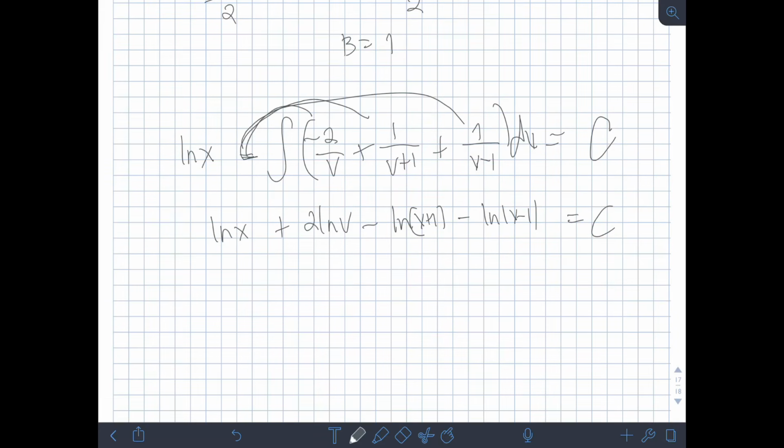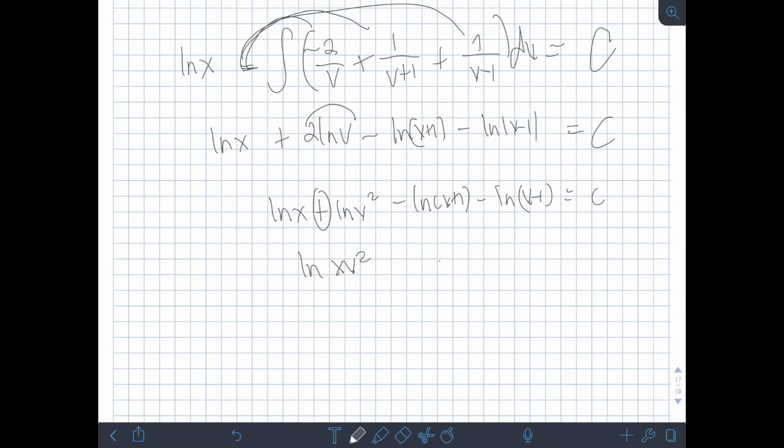Okay? So, pag samasamahin natin lahat ng natural logarithm, so, ito, pwede natin gawing ln x plus ln v squared, right? Power rule. And then, itong minus ln v plus 1, so, dahil minus, nasa denominator, v plus 1. Tsaka itong ln v minus 1, dahil minus, nasa denominator din, v minus 1. Equal c.